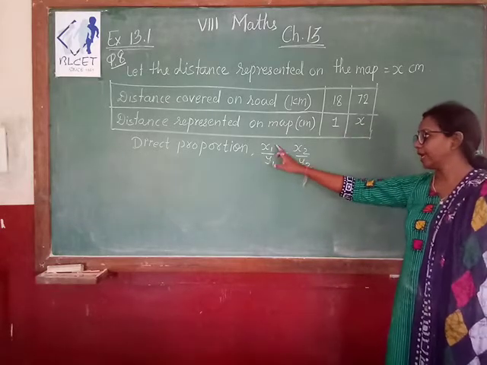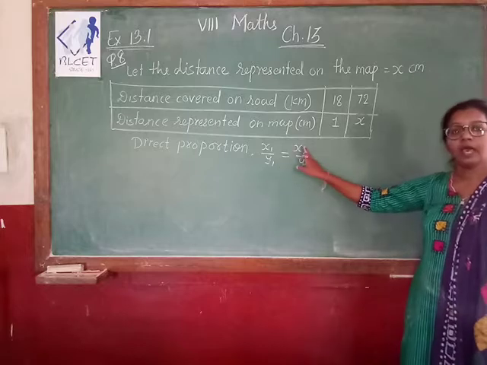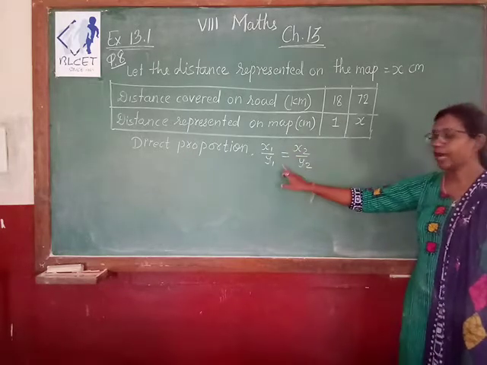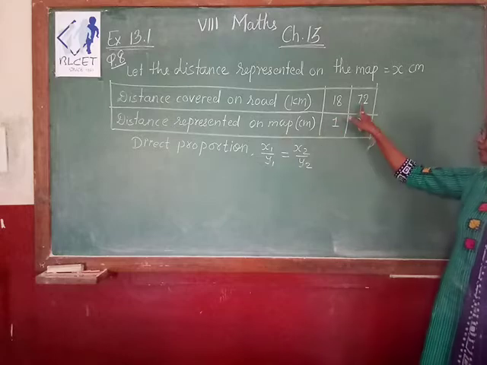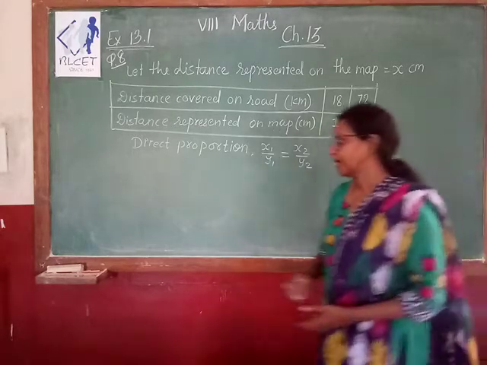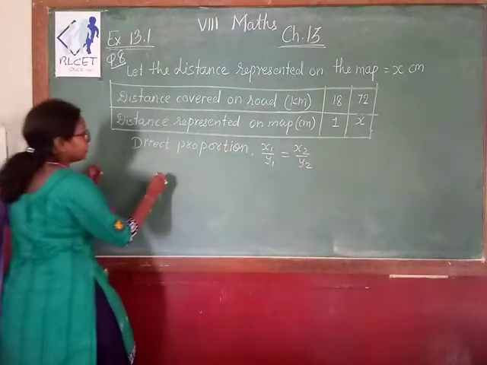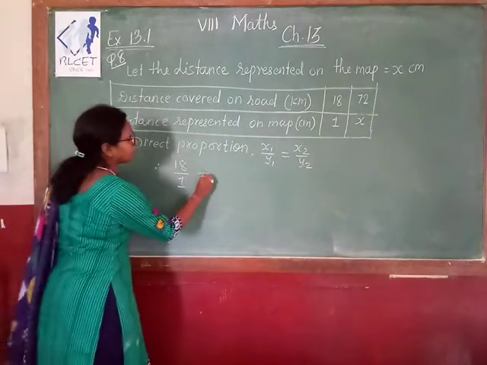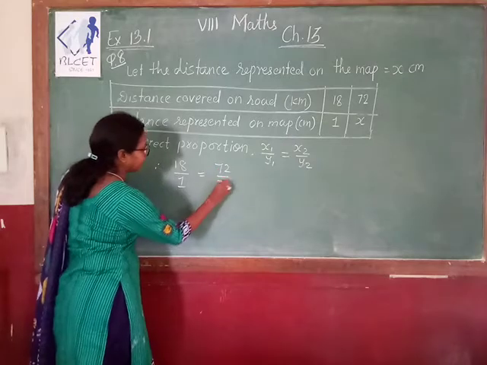We know the formula x1 upon y1 is equal to x2 upon y2. Here x1 is 18, y1 is 1, x2 is 72 and y2 is x, which we want to find. Let's see how to solve this. Therefore, 18 divided by 1 is equal to 72 divided by x.